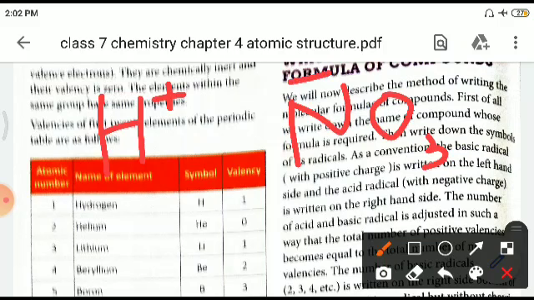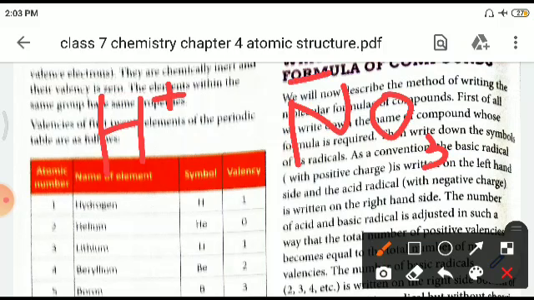Next step: the number of acid and basic radicals is adjusted in such a way that the total number of positive valencies becomes equal to the total number of negative valencies. The number of basic radicals required, 2, 3, 4, is written on the right side at the bottom of the symbol of the positive radical, but without showing the charge on it. For example, if 2 aluminium radicals are required to balance the charge in a compound, then 2Al3 plus is written as Al2 in the formula.